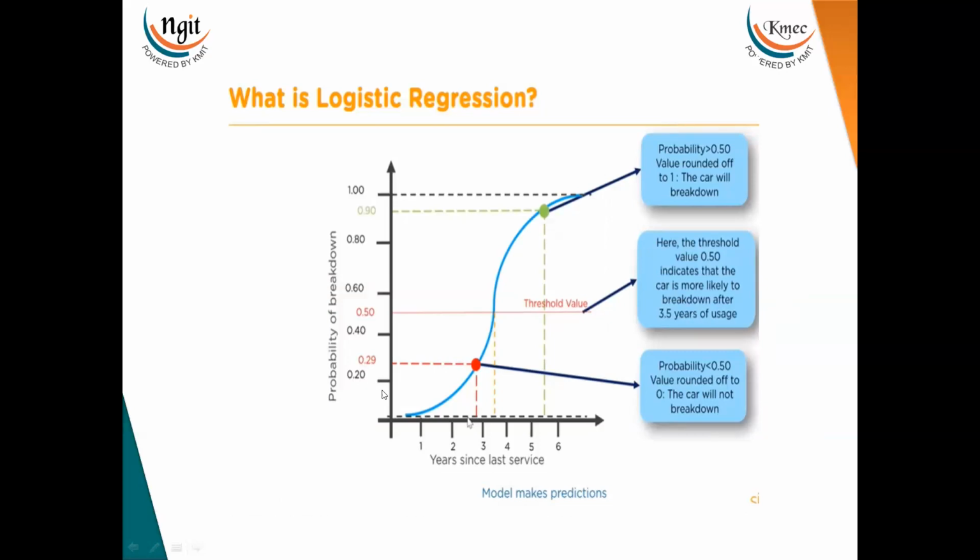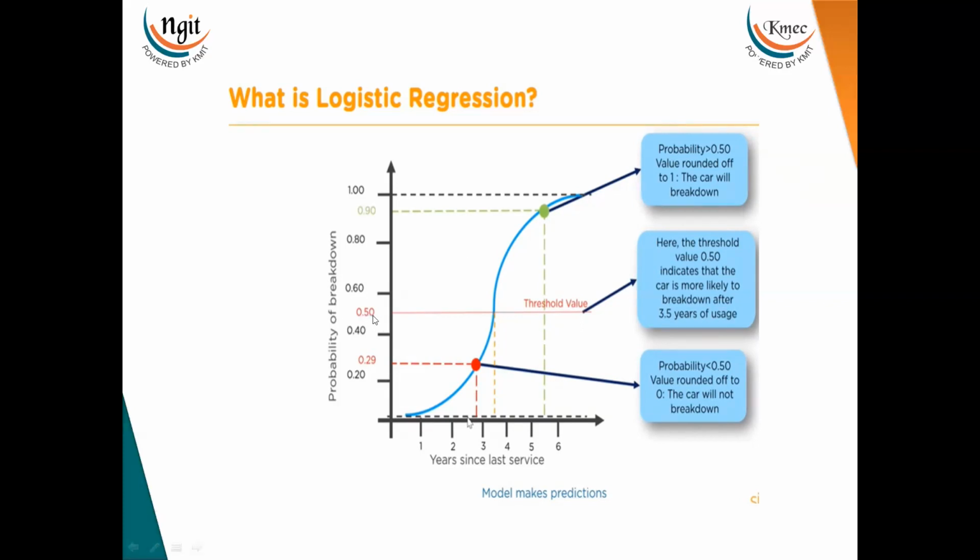Whenever we are talking about logistic regression, we always use a threshold value, because my probability always lies between 0 and 1. I want to set a threshold value so that if my probability is greater than the threshold value, there is a high probability that the car will break down, and if the probability is less than the threshold value, there is a low probability that the car will break down.